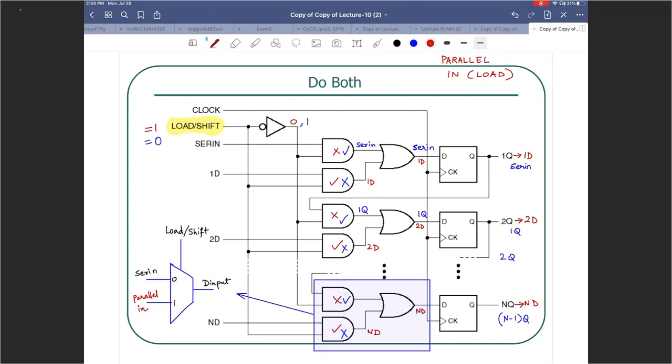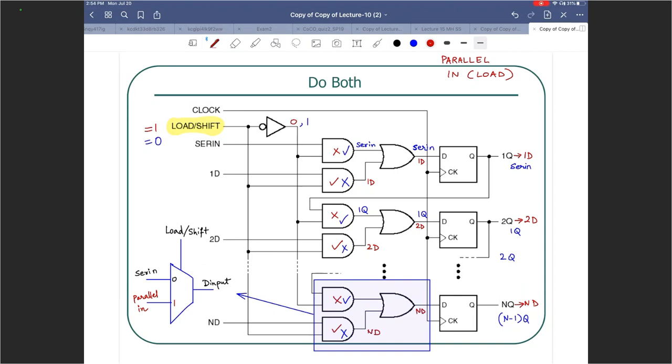So I've used serial in, serial and parallel, and also the use of load and access. Load is in, access is out. How to put things into the register and how to read things out of the register, right? Access things. That is output, parallel out. So can I do a serial out here?